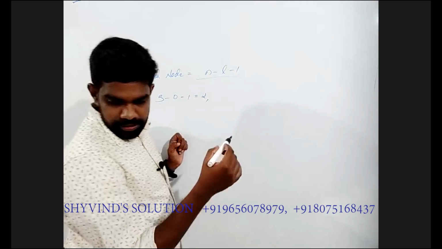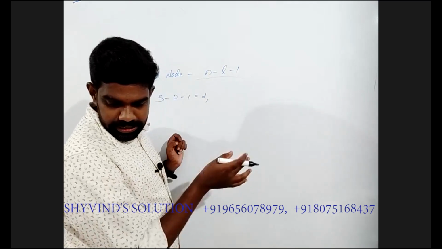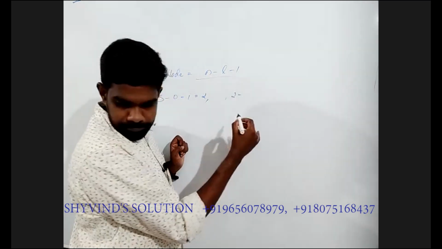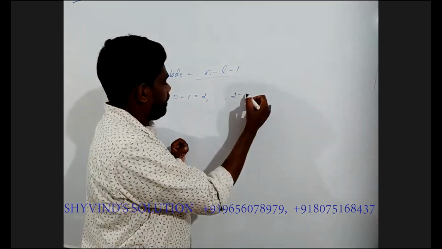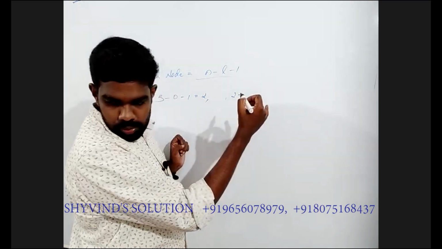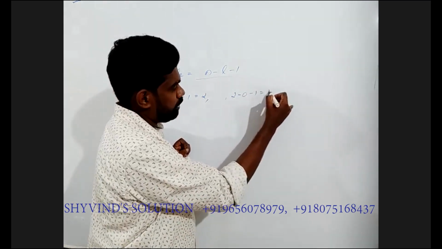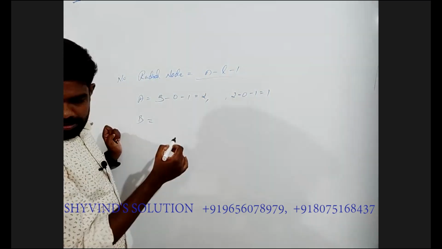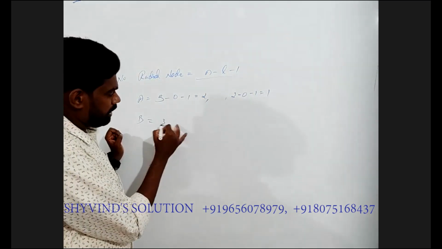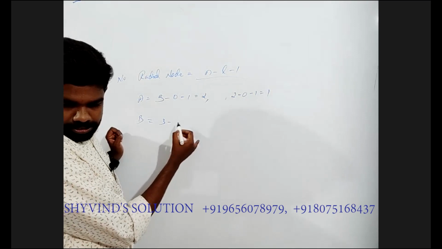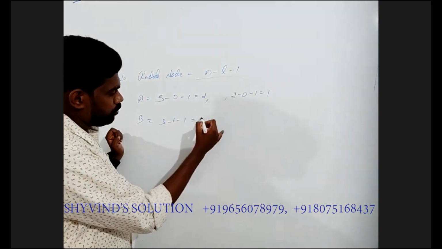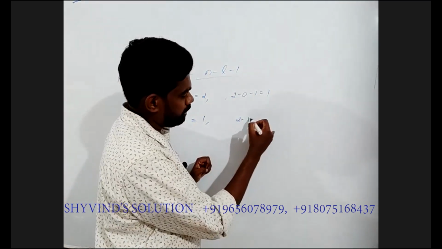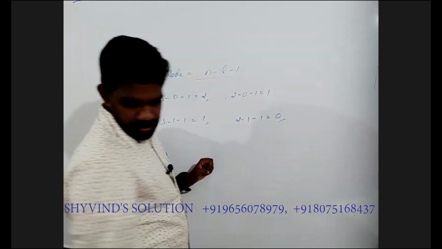And in the next, n equal to 2, 2 minus 0 minus 1 equal to 1. This is not equal. For option B, n equal to 3, 3 minus 1 minus 1 equal to 1. And the next one, 2 minus 1 minus 1 equal to 0.